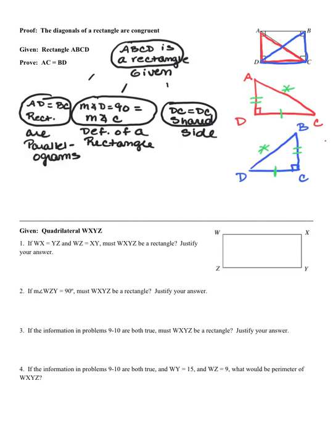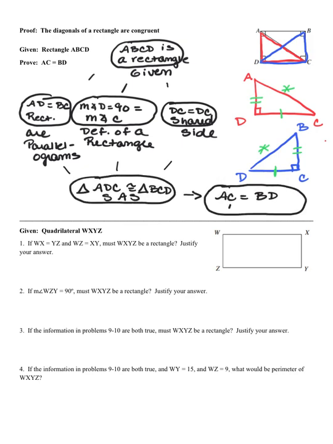Boy, I keep running out of room for my proofs. And there you have it. That's our proof showing that the diagonals of a rectangle are congruent.